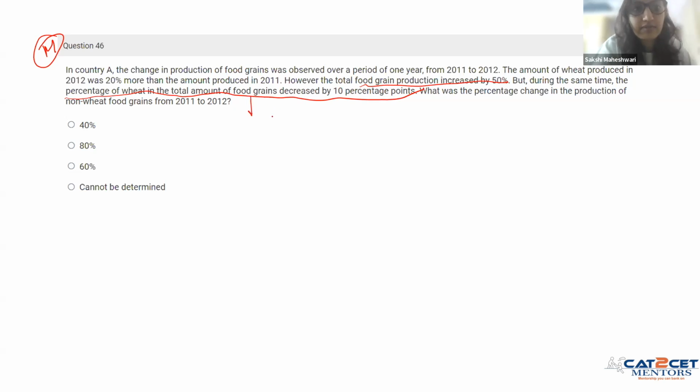Now the total amount: there are food grains, and then there is wheat and non-food grains. So basically this increased, for example, in 2011 it was 100, it increased to 150. If this was x, this increased to 1.2x, and the percentage of wheat decreased by 10 percentage points.